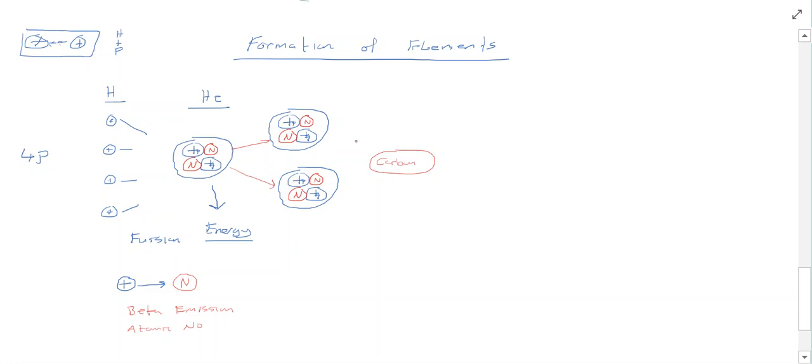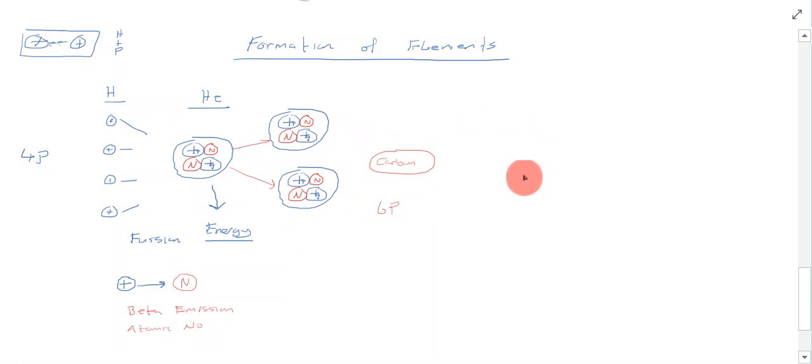So carbon is the 6th element, so it has 6 protons. You can see here, if the 3 of these join together, you're going to have 1, 2, 3, 4, 5, 6. So you have 6 protons, and that's what's known as carbon.